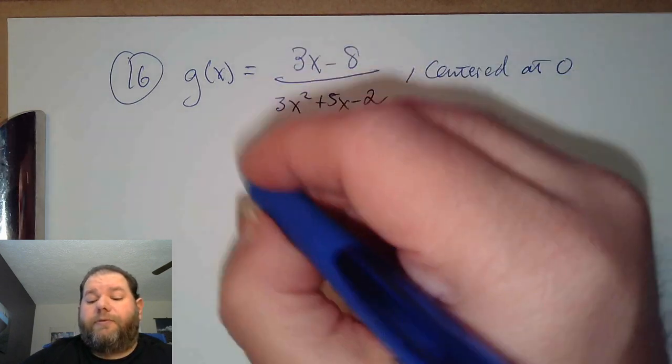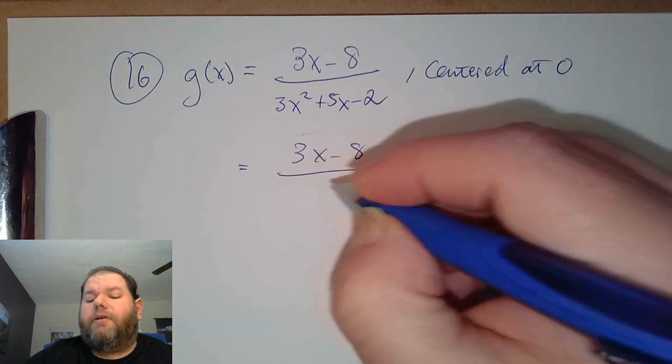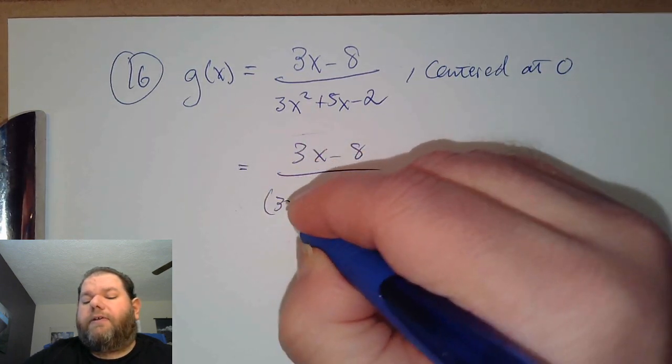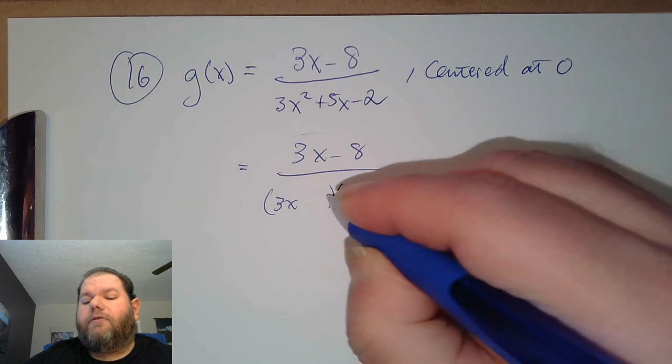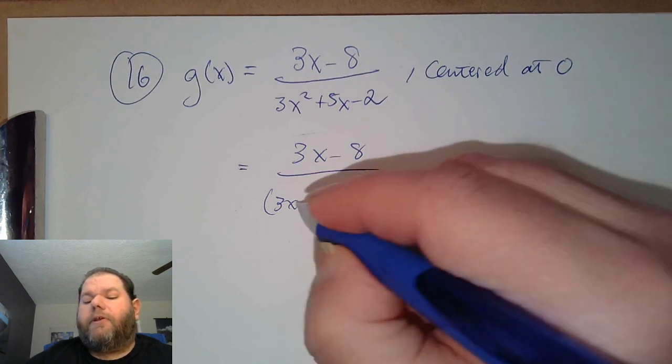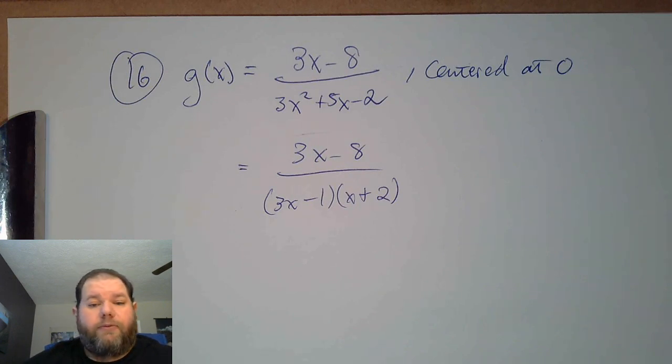We know it's factorable. Let's say it's 3x minus 8 on top. It's 3x, x, this will be a 2, this will be a 1, that's a plus, that's a minus. So we can factor the denominator, so it's 3x minus 8 over 3x minus 1 times x plus 2.